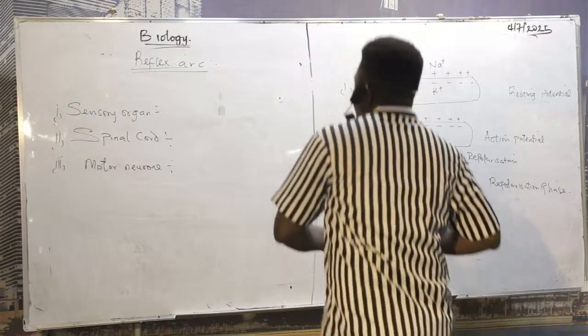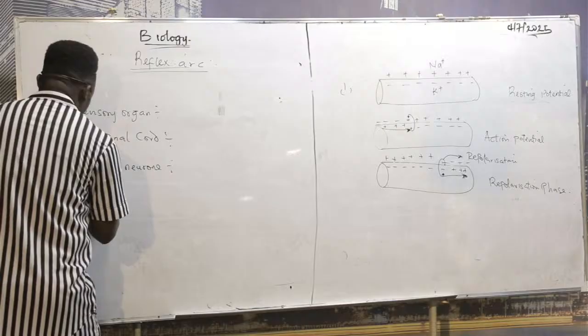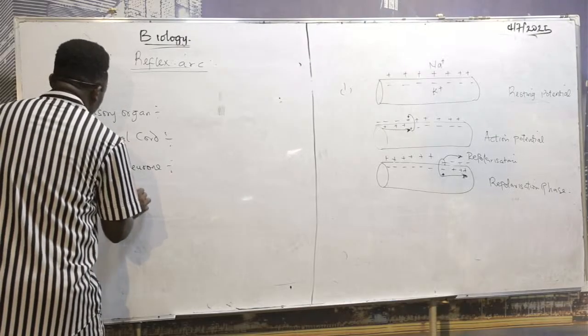Another one is the sensory neuron. You already know the work now. These are the four components of a reflex arc.